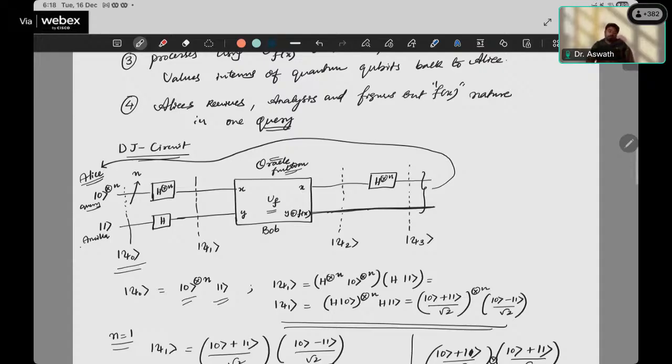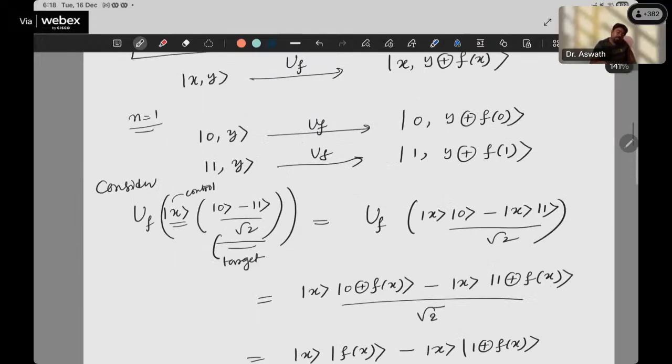That is psi 0, which goes through n plus 1 Hadamards and becomes psi 1. If you can understand that, it will become easy.